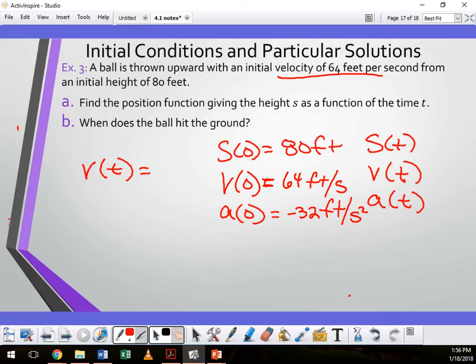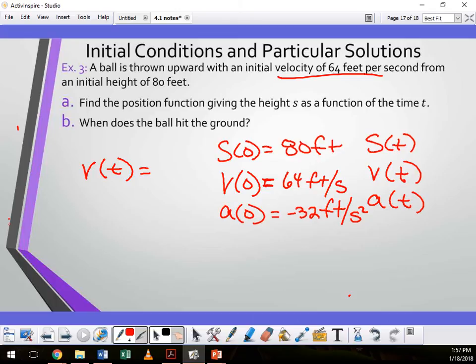Yes, gravity's pulling down. 32 is the conversion because we were talking in meters per second per second, but these units are in feet. Which direction would be negative, which would be down. 9.8 meters comes out to be right at about 32. That's where we're getting that from.